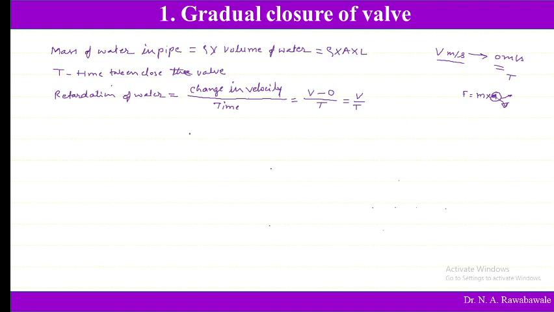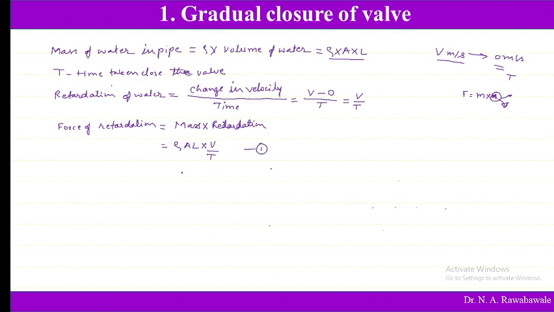In the same way, the force of retardation is given by mass into retardation. Mass is given by rho AL. As we have obtained, the mass of water in the pipe is rho AL, and rho AL into retardation, which is V divided by T, gives us the retardation force. We call this equation number 1.